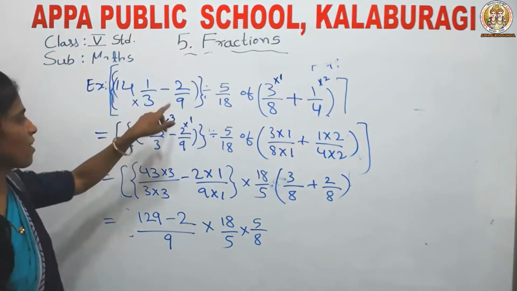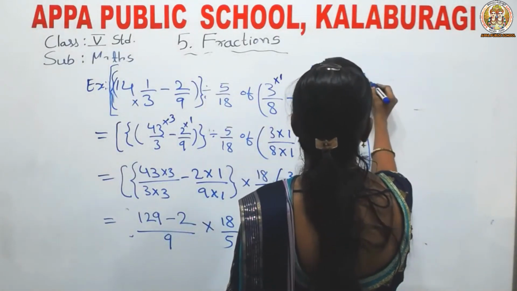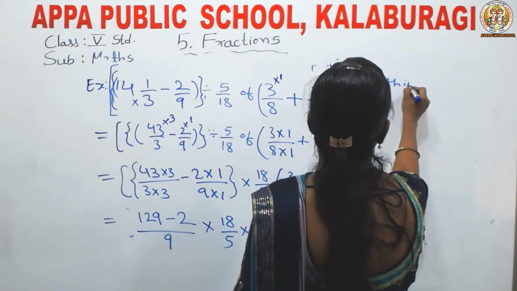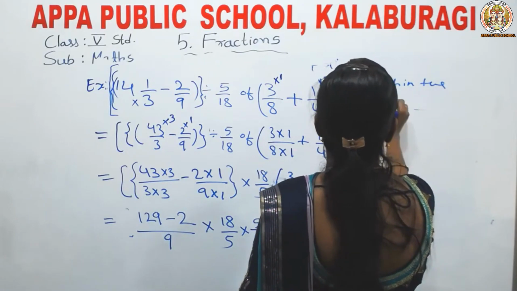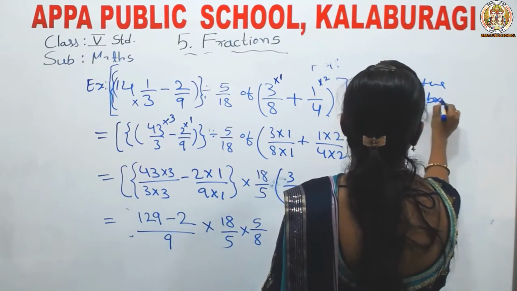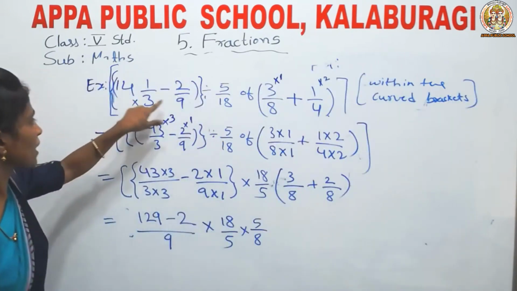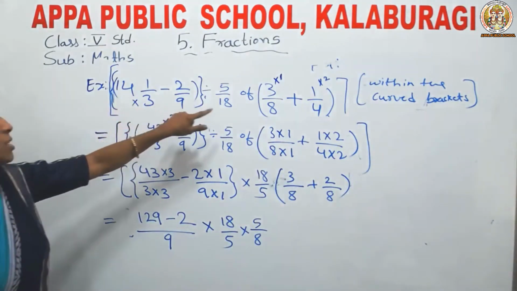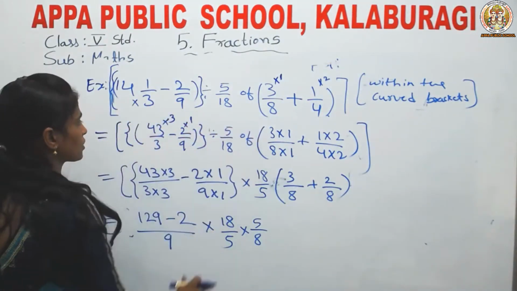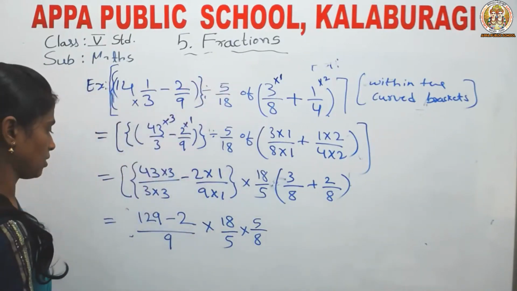Now here we simplify first within the curved bracket. In the curved bracket, whichever number is there, simplify that first. After that, this flower bracket. After that, the square bracket. Okay.